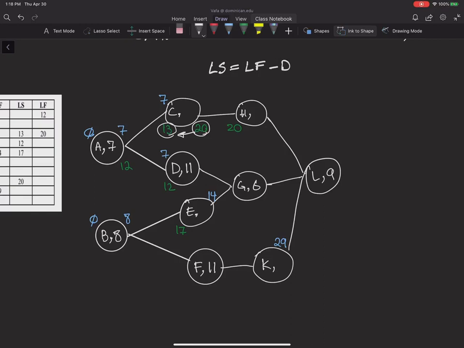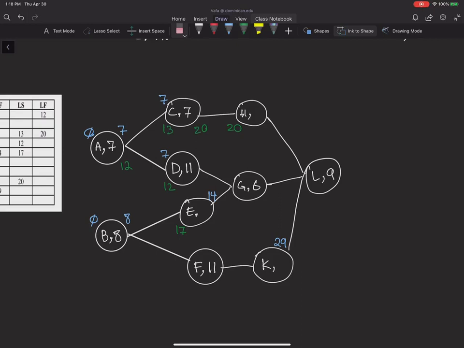In this case, my late start is 13, my late finish is 20, so my duration is going to be 7. So this is how I can calculate the duration here and take a note of that. So let me fix this real quick, and I don't need this.